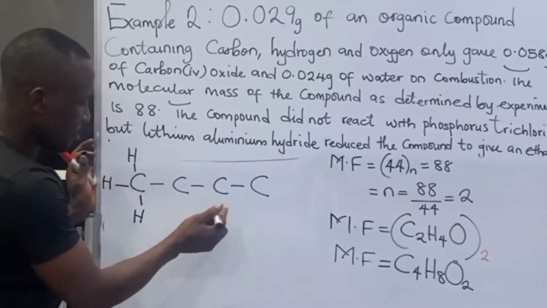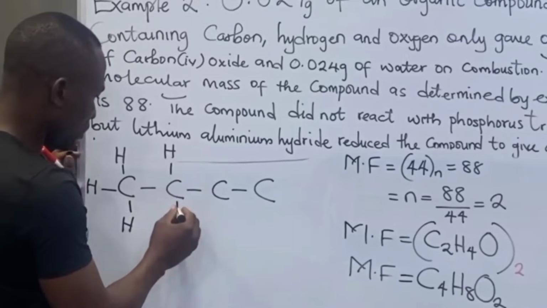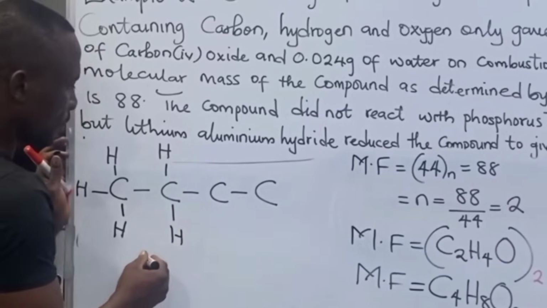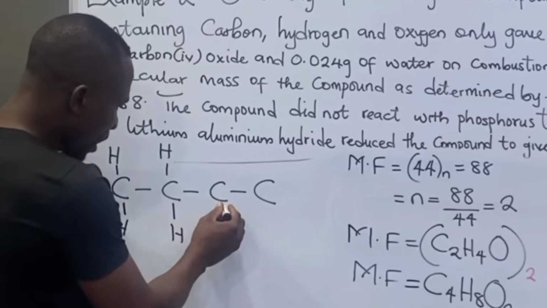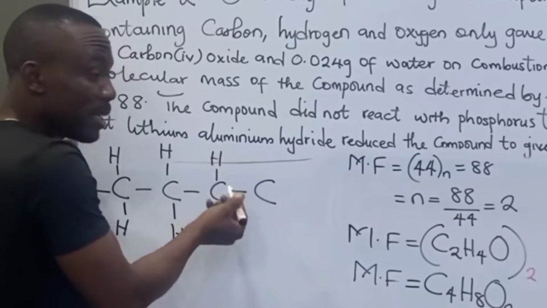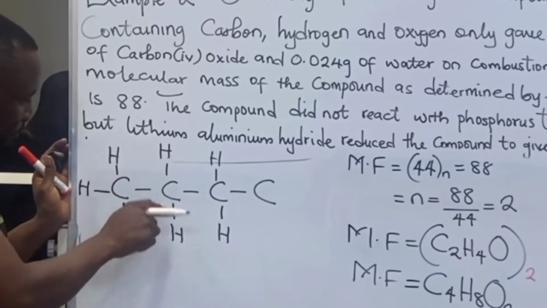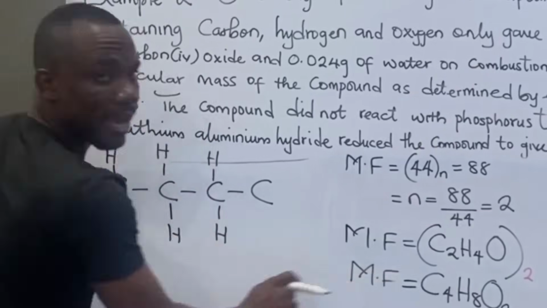The next carbon, we have another hydrogen here, another hydrogen, another hydrogen. The next carbon, we have another hydrogen, another hydrogen. We are gradually bringing out the structure. Let's see: 1, 2, 3, 4, 5, 6, 7. How many hydrogen is there? 8.